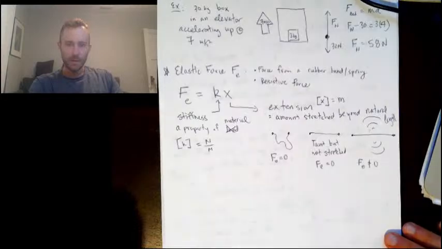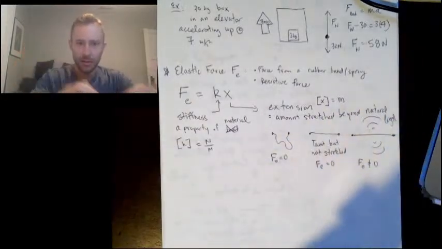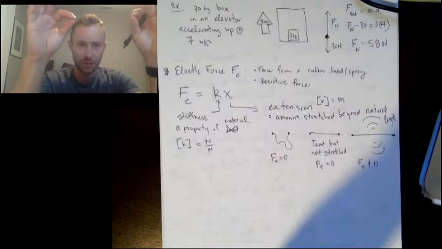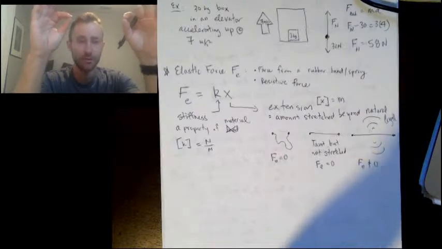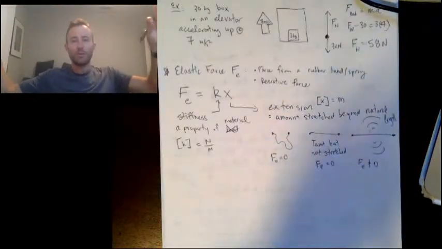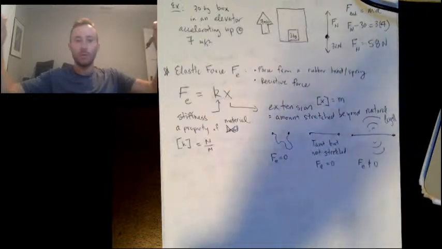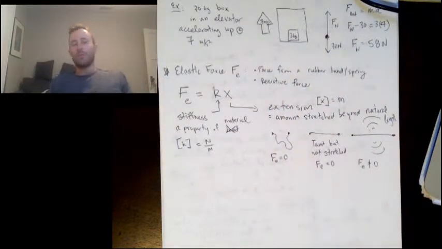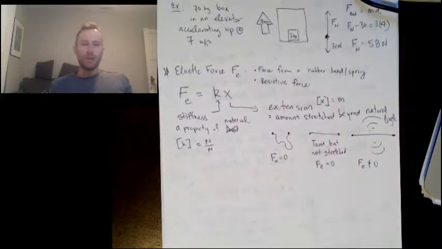So if you have a rubber band that has a natural length of 10 centimeters and you stretch it so that the total length is now 21 centimeters, type it into the live chat if you know what would be the extension.